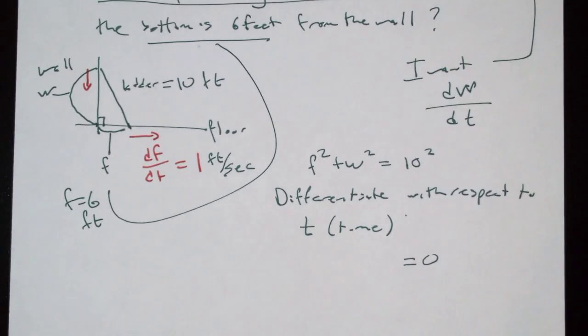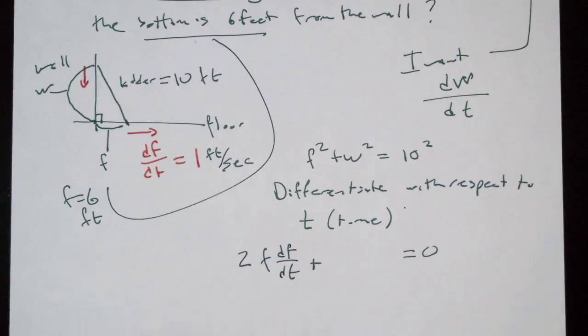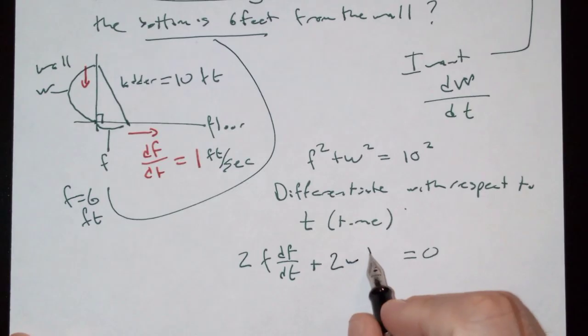I need a df dt. How about W squared? The exact same idea.